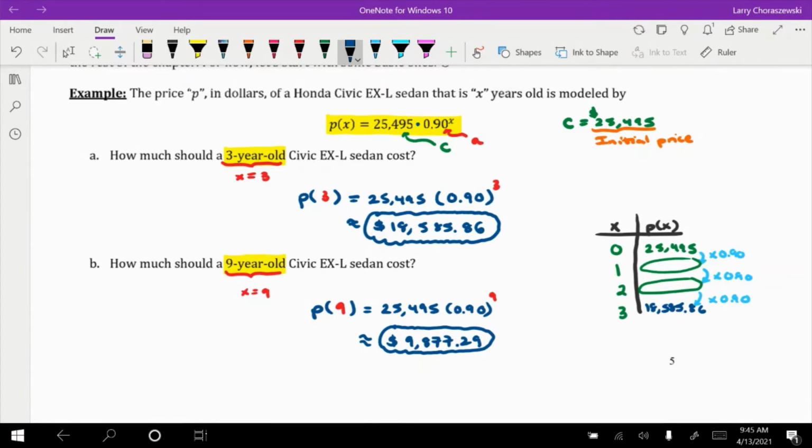And you can continue doing this for as long as you want, theoretically, and over time, the price of the Honda Civic just keeps dropping and dropping and dropping.